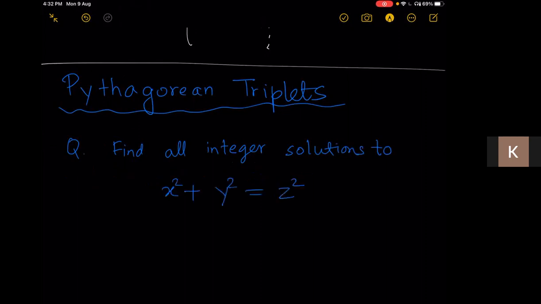This is the Pythagoras theorem. So basically you have to find all integer triplets which satisfy the Pythagoras theorem.